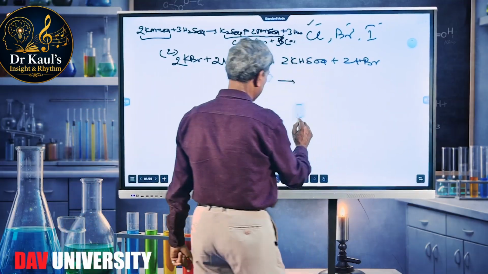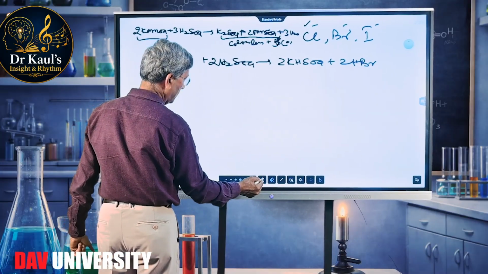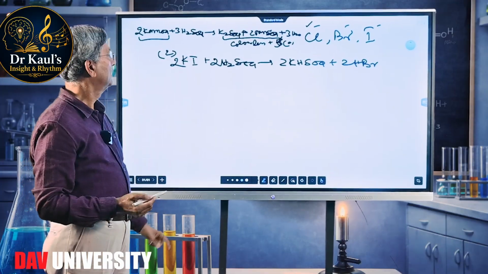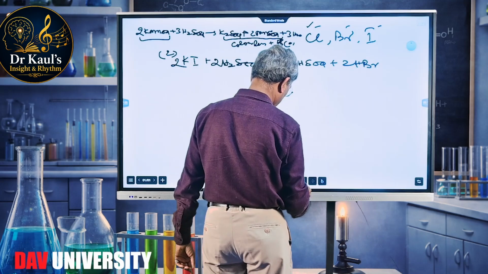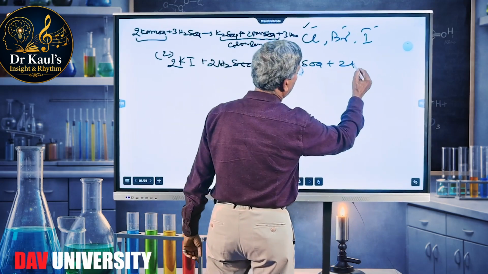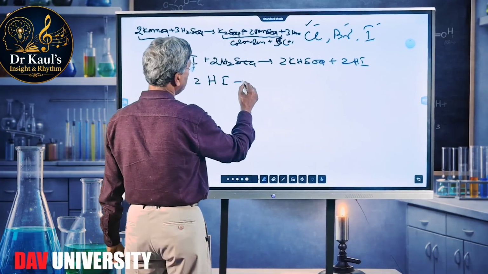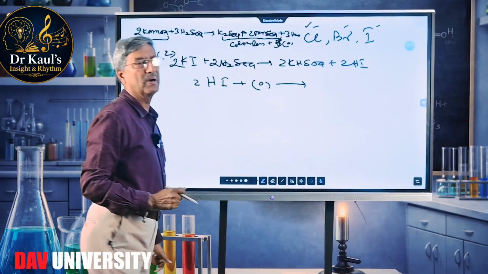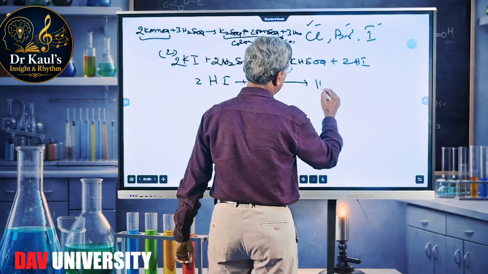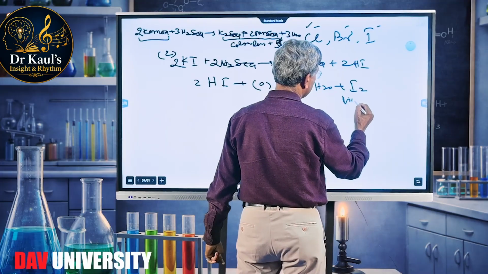Now third in the series is another halide ion, iodide. So what happens? Suppose we have an iodide such as KI. This comes in contact with sulfuric acid and gives you KHSO4, plus, of course, 2 HI. This HI again gets oxidized by the nascent oxygen furnished by the acidified KMnO₄, and this becomes water plus iodine. These are violet vapors.